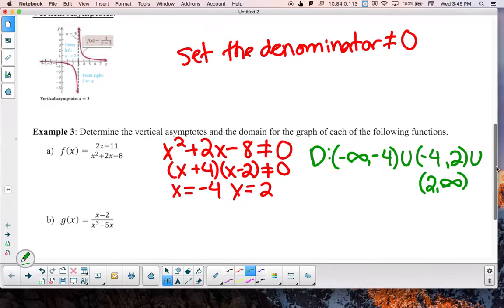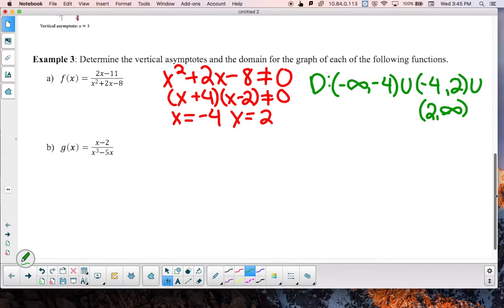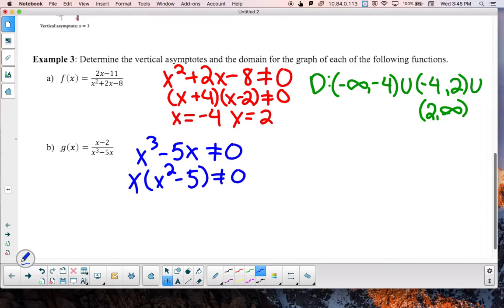So then if we look at part B, again we're going to set our denominator of x cubed minus 5x not equal to 0. We can factor out an x, so we have x squared minus 5 does not equal 0.